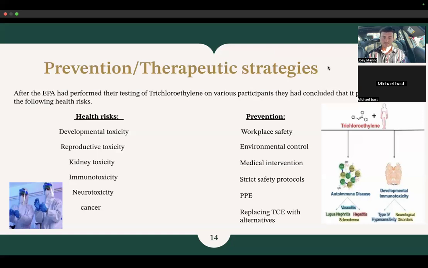There are other prevention aspects, such as environmental controls, possibly even replacing TCE with alternatives. And lastly, environmental control. The image on the right shows a bit of the health risks again, and goes more in depth on how trichloroethylene in the body can cause immunotoxicity, as well as certain diseases.